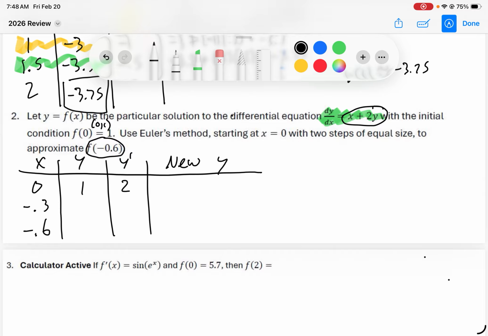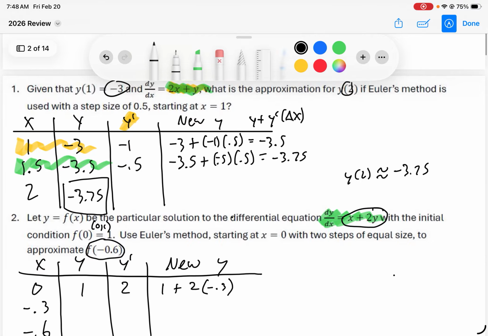To find the new y, I'm going backwards. So the new y is the old y plus the y prime times delta x, which is -0.3 this time. I'm going back -0.3, back -0.3. That delta x is going to be the same every time, if you remember that pattern.